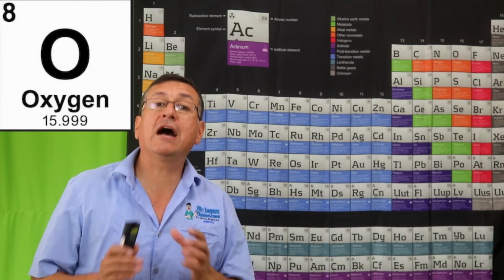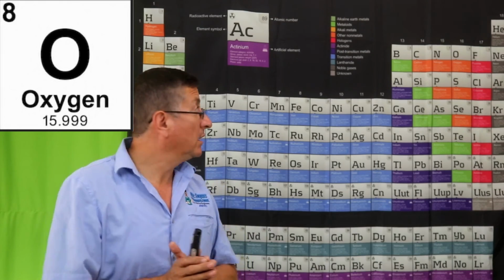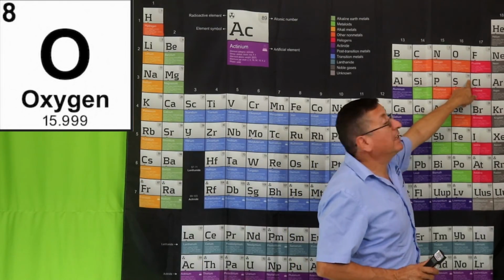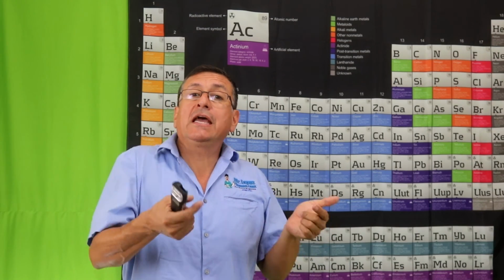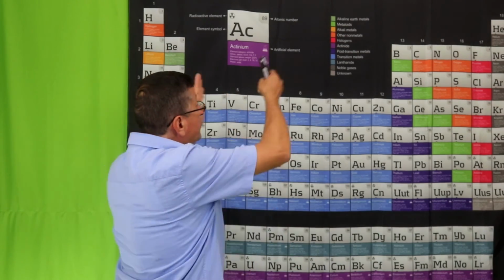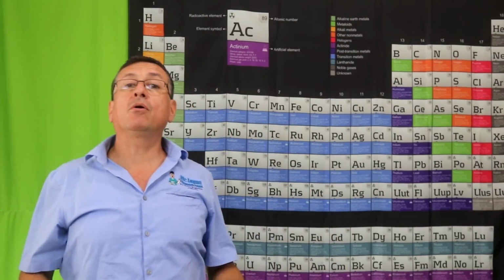Yes, sulfur has 6 electrons in the last orbit, but in total, sulfur has 16 electrons: 6 in the last orbit and 10 in previous orbits. Okay. The groups are organized according to the amount of electrons in the last orbit.